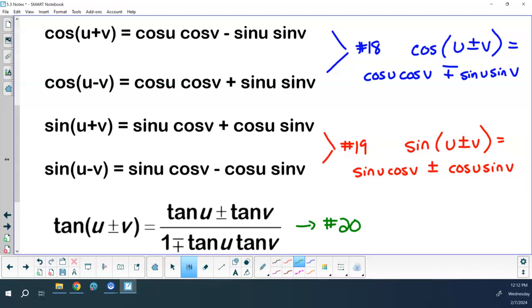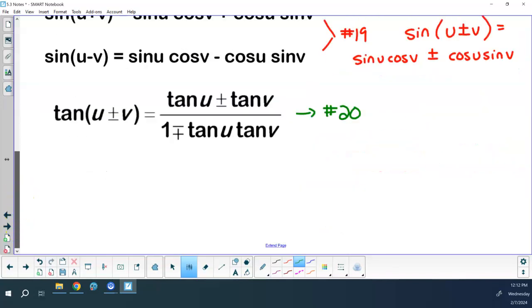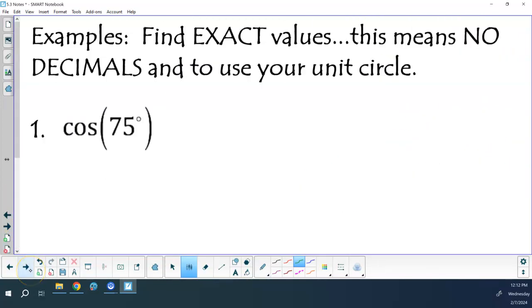Now, I could spend hours on end talking to you about how we got those, how we derived those, all that fun stuff. But instead, I'm going to fast forward and we're just going to do some problems. Okay? So I want to find the exact value of the cosine of 75 degrees.